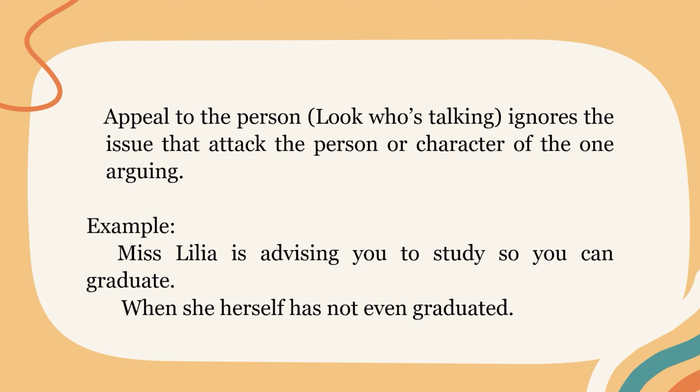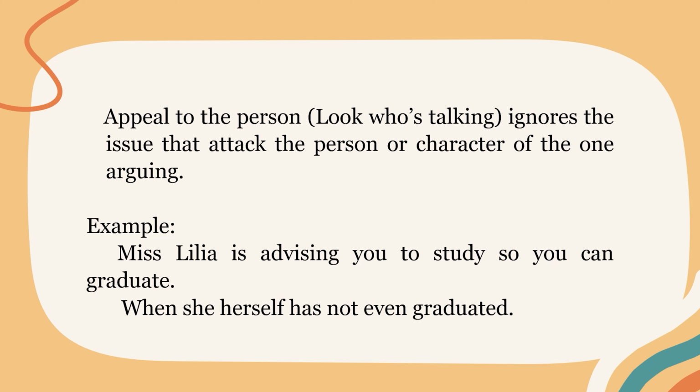The statement refers to the fallacy of appeal to the person, or ad hominem, which diverts attention from the argument itself and instead attacks the character or credibility of the person making the argument. In the provided example, the focus is shifted from the validity of Miss Lilia's advice on studying to her own lack of a degree.